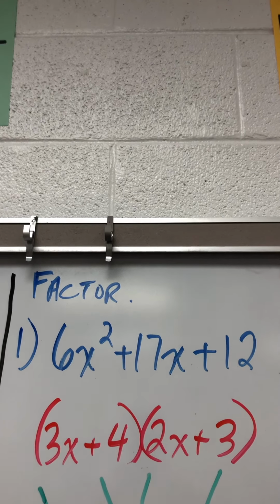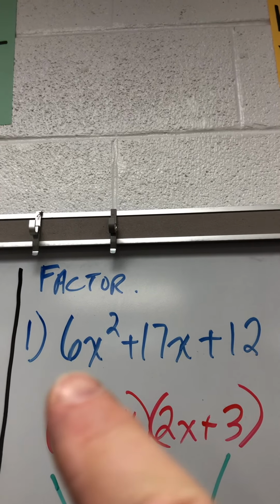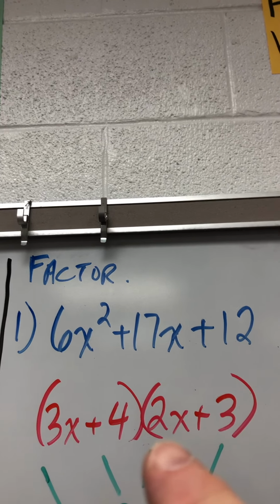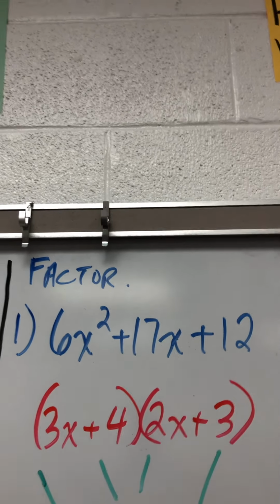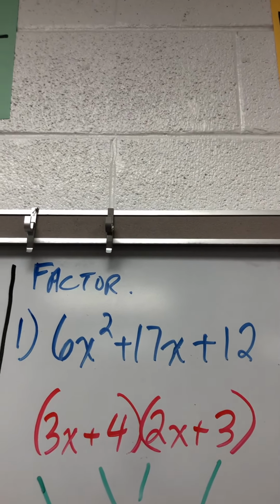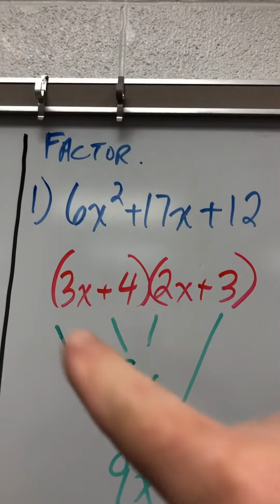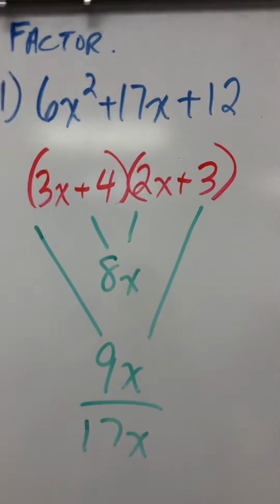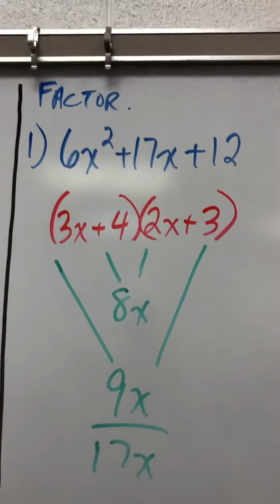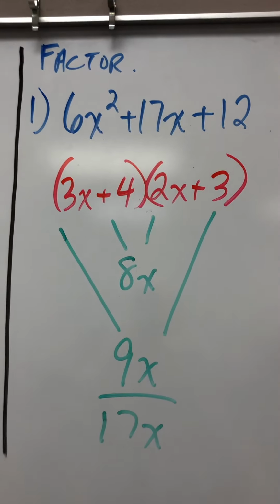I'm going to guess that that's the correct answer, because I know I've made 6 by using 3 times 2, and I've made 12 by 4 times 3. But did I make 17 in the middle? Well, I have to do the outer and the inner to check. 3 times 3 is 9. 4 times 2 is 8. 8 plus 9 is 17. Ding! I did it.